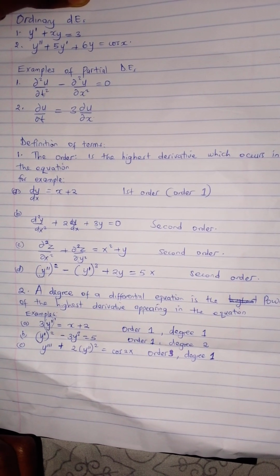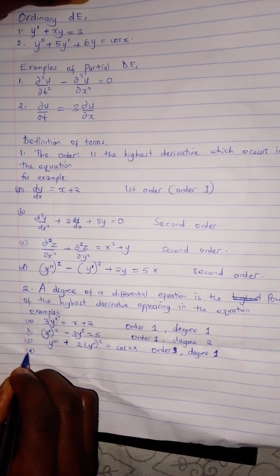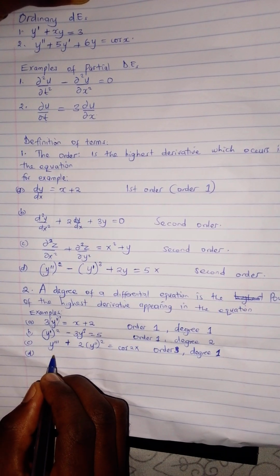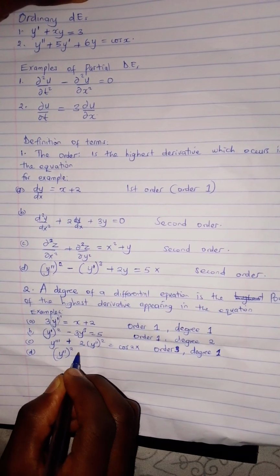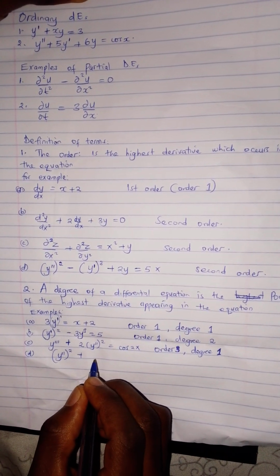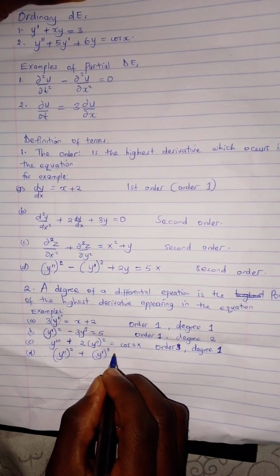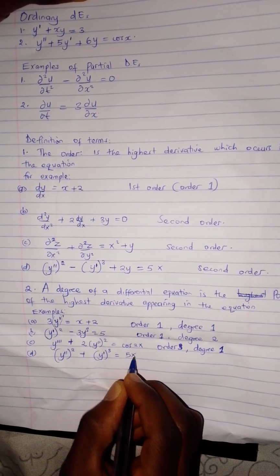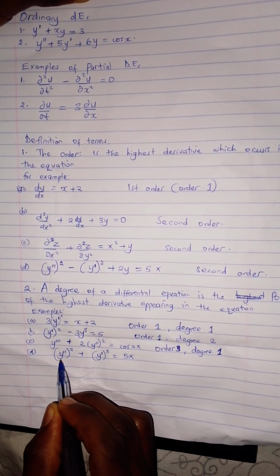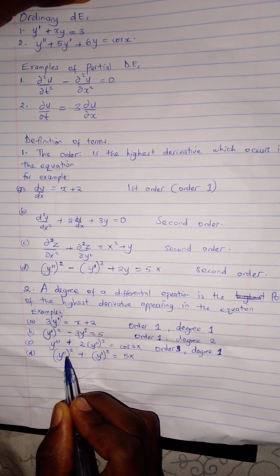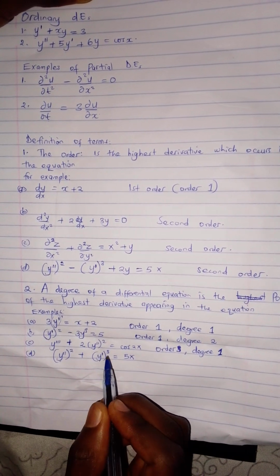We also have another example, which is our last example on this. We have second derivative of y squared plus first derivative, and this is cubed, equaling 5x. Now this is the first derivative, this is the second derivative, but the second derivative is powered 2, and the first derivative is powered 3.